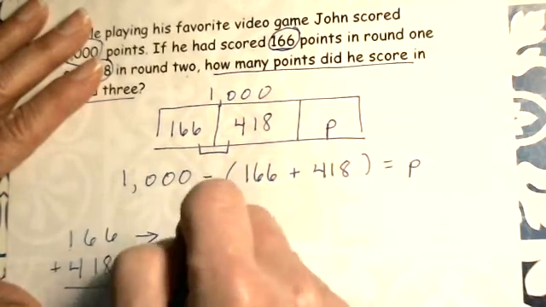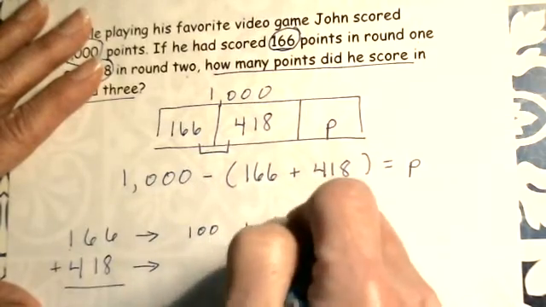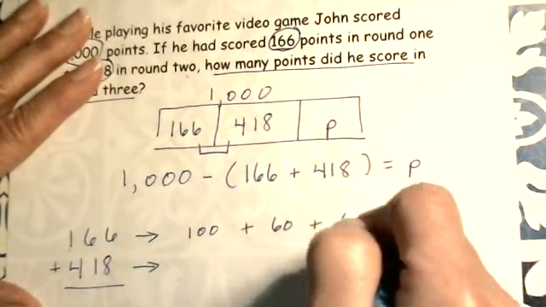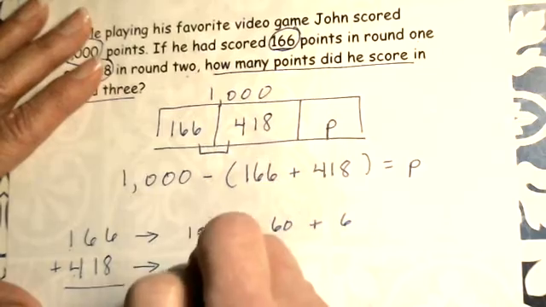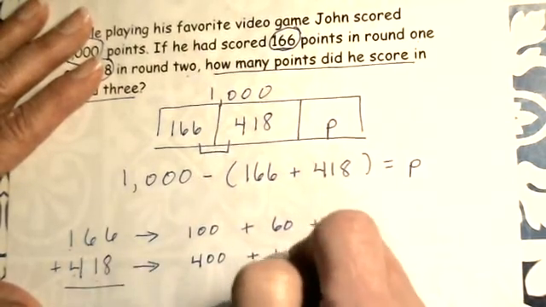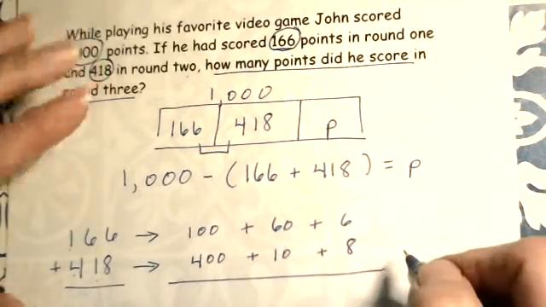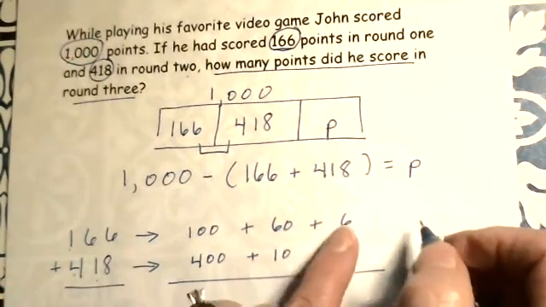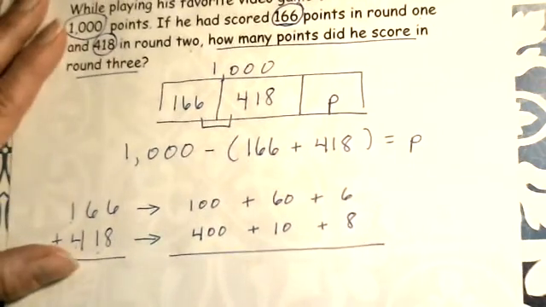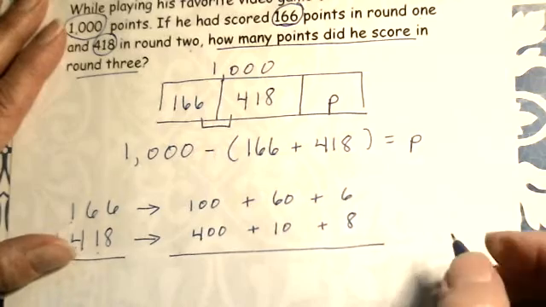So I have 100 plus 60, the 6 is 60, plus 6. 400 plus 10 plus 8. Again, I'm adding. 6 plus 8 is 14. I can't put a 14 in the ones place.